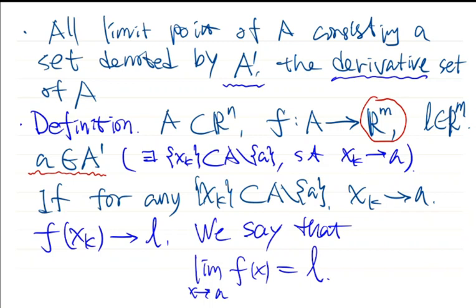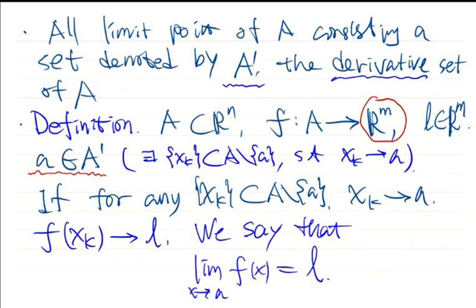Of course, in this definition, our multivariable function f can be a vector valued function because it takes value in Rm, not necessarily R. If m is 1, f is a real valued function. But we can talk about vector valued functions.